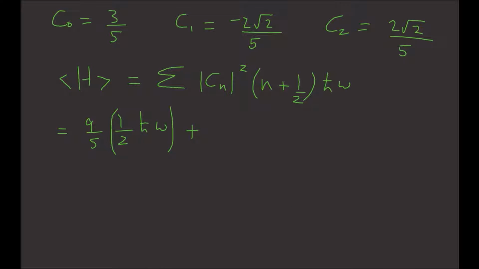The second one we have 8 over 25, because we have the square, right? 8 over 25 times 3/2 h bar omega. And finally the last one is 8 over 25 times 5/2 h bar omega.